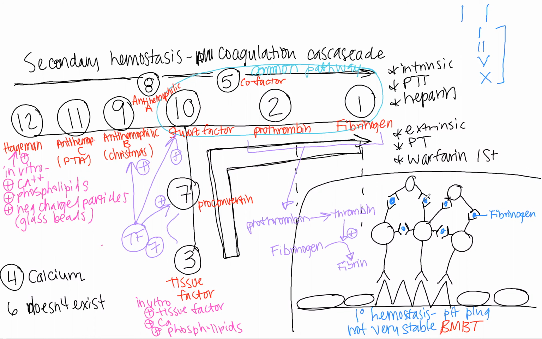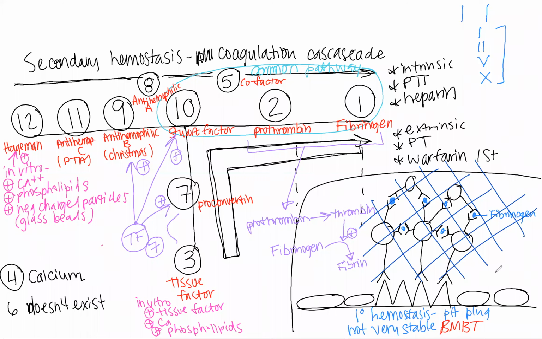Remember, this is our fibrinogen here in our platelet plug. So what happens when that turns to fibrin is we get cross-linking. This is the end of secondary hemostasis. And now it's stable.